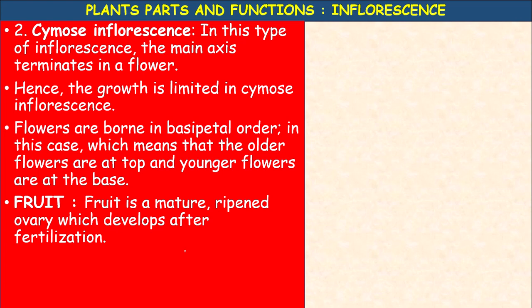The fruit developed from fertilized ovary is called true fruit, while those fruits that develop from the thalamus, the basal part of the flower, are called false fruit. Fruits are classified as simple fruits, aggregate fruits, or composite fruits.